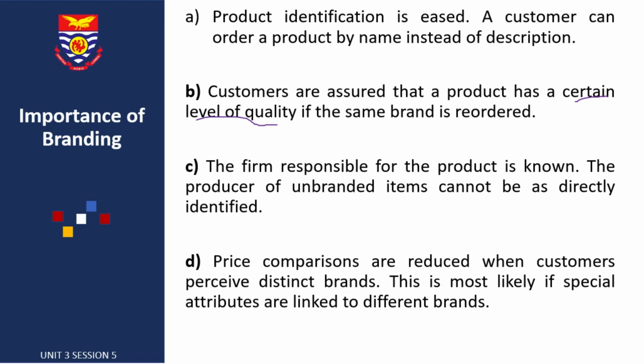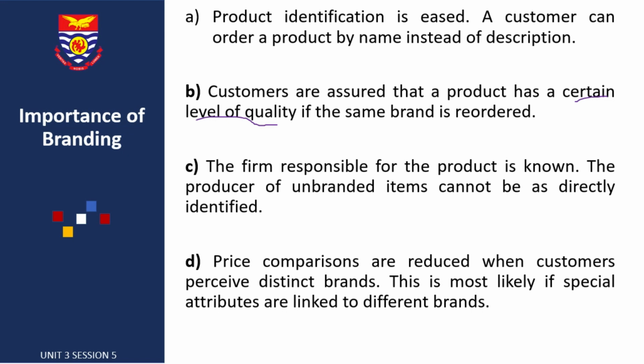For those who sell unbranded liquid soaps on the market, it will be difficult for a buyer or a customer to identify who produced them. But once there is a brand, the firm which produced that product can be easily identified.